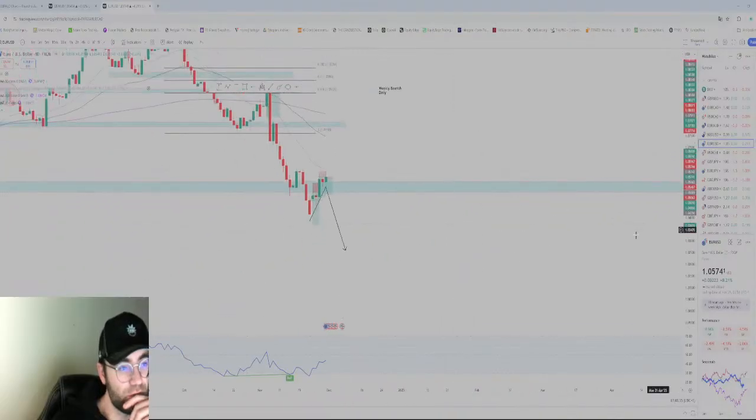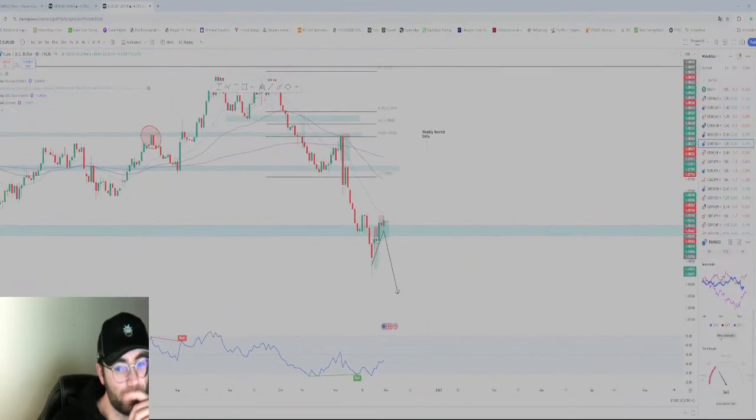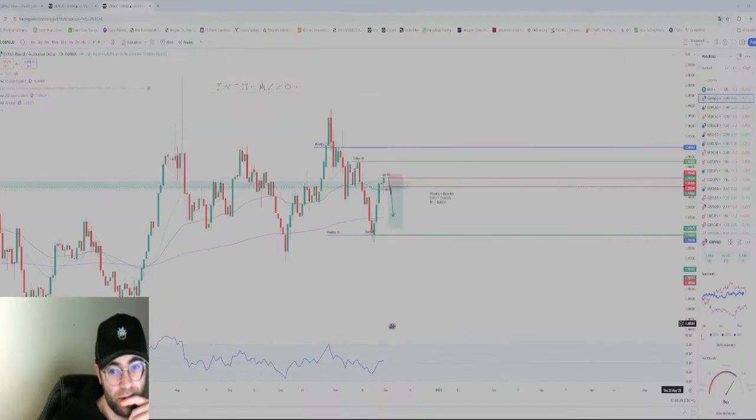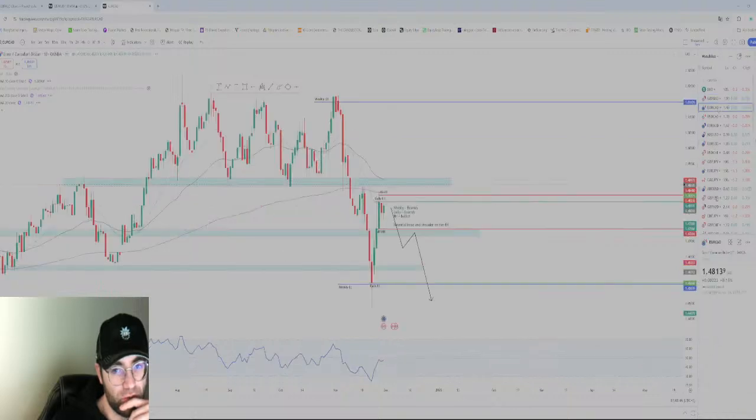Euro USD. So annoying. Let's see what this is also saying. Technicals say buy here, sell here.